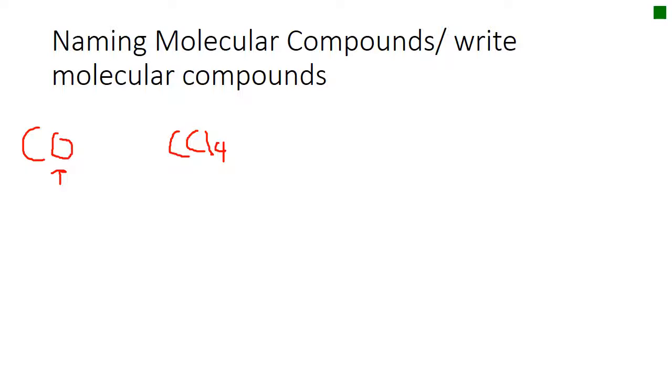First one. The first rule is we take our first element and we write it out completely. So we've got carbon. And notice that I'm not capitalizing it. There's only one, but because it is the first element, we do not use a prefix. Now we look at our second element. We notice there's a 4, so we have to write the appropriate prefix.